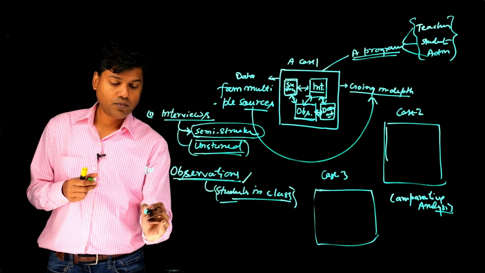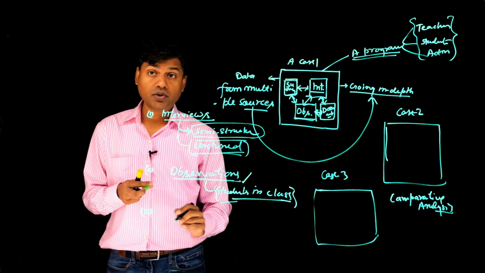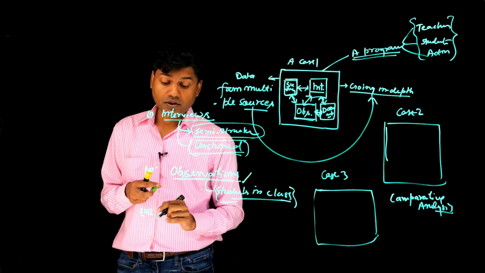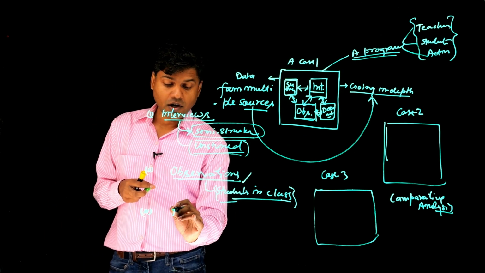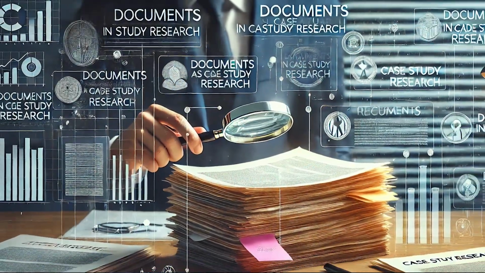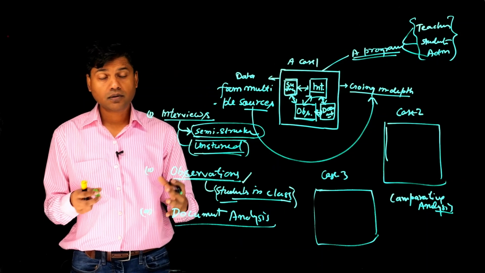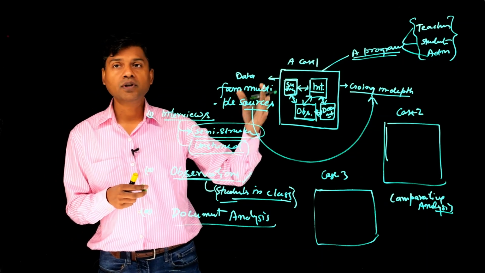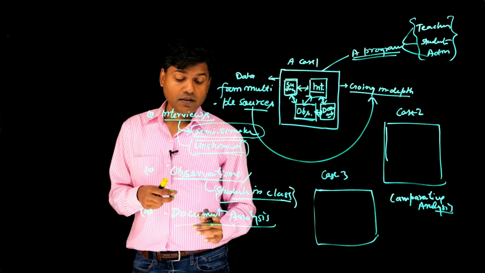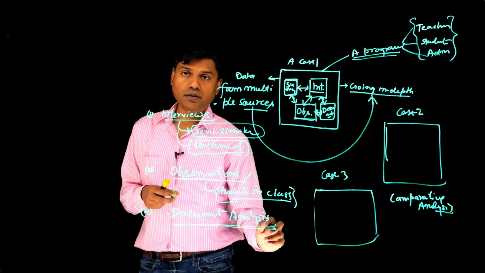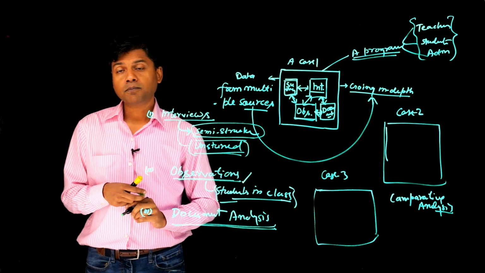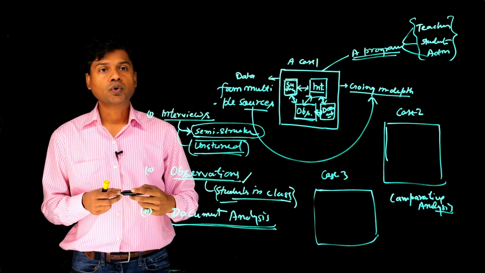The third popular means of data collection in case study research design is document analysis. In document analysis, you access documents related to the phenomenon, related to the case, and then you analyze those documents. So let's take an example.